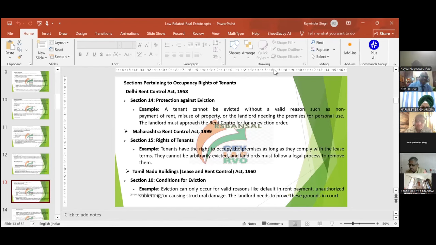Please continue, sir. So as Sandeep ji has very well explained to you, let us suppose the person has taken a loan for mortgaging his property which he has given on rent.